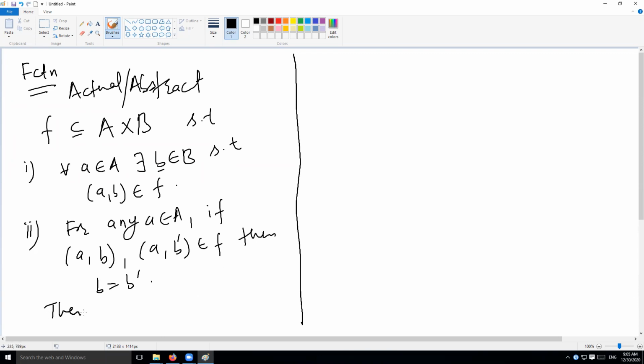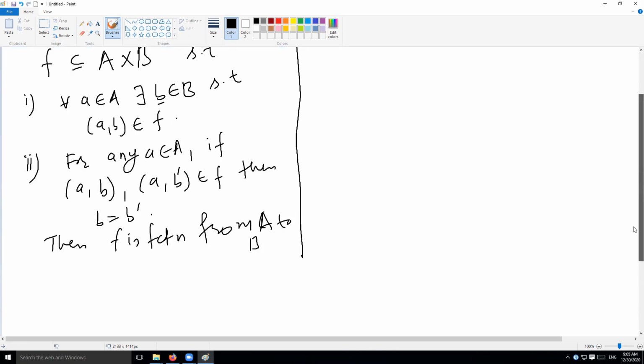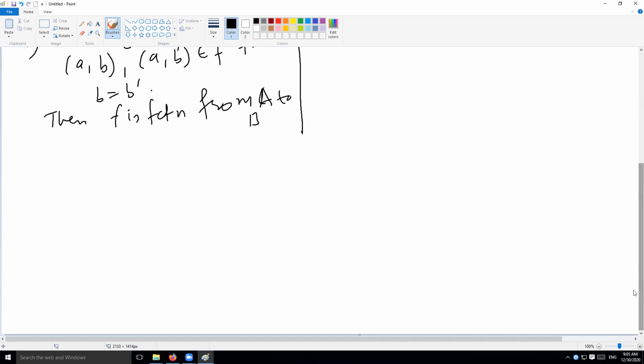Then we say that f is a function from A to B. Okay, and then we denote that function by this notation. So this is really the notation.